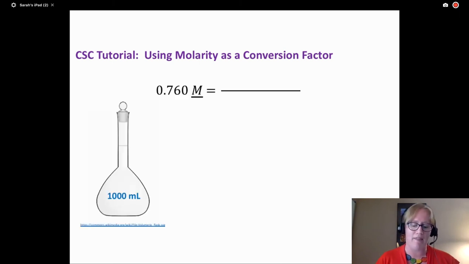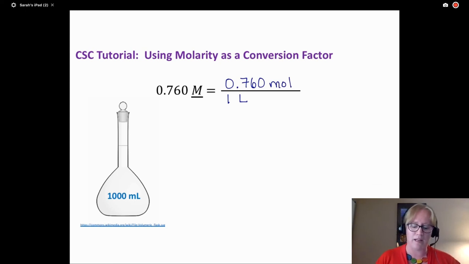So let's say that we're told that a solution has a molarity of 0.760 molar. What that is telling us is that in every 1 liter of that solution, there are 0.760 moles of our solute, whatever that solute is.